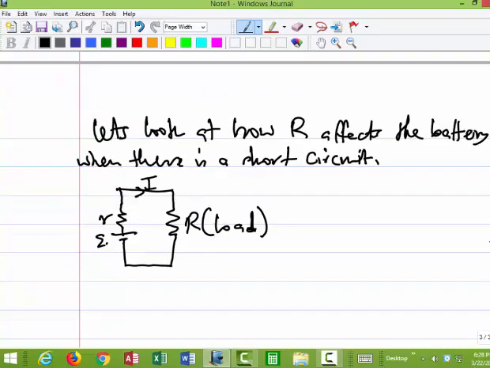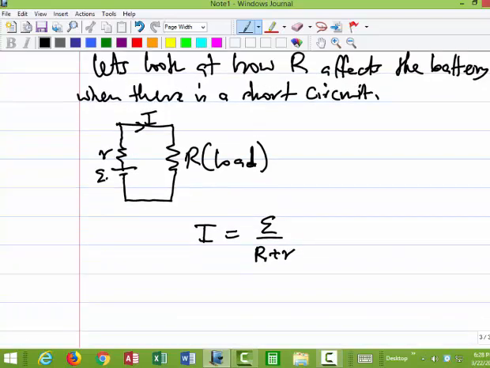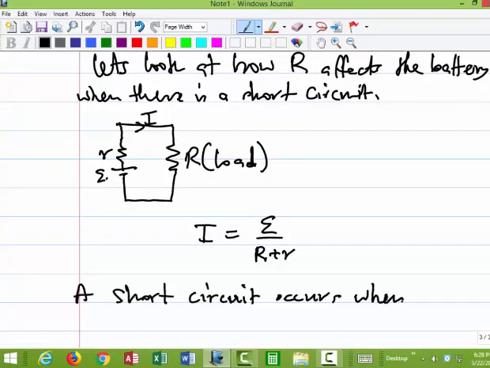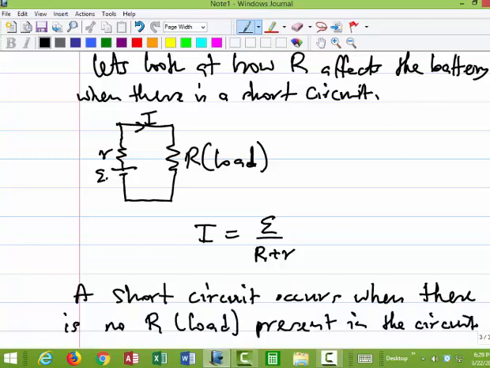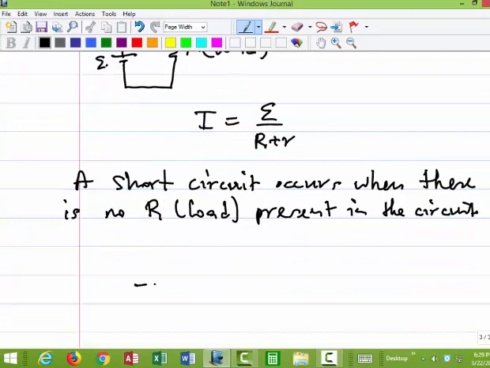We already saw that the current through this circuit is given by the EMF over the equivalent resistance, which is R plus lowercase r. A short circuit occurs when there is no load. In that situation, you have your internal resistance, and then a wire just connects across the battery from the positive terminal to the negative terminal.